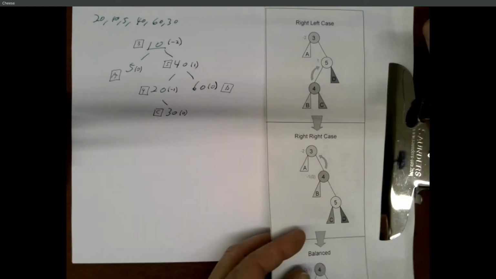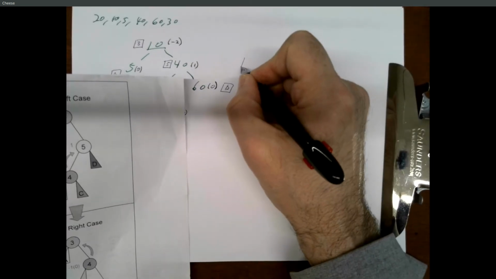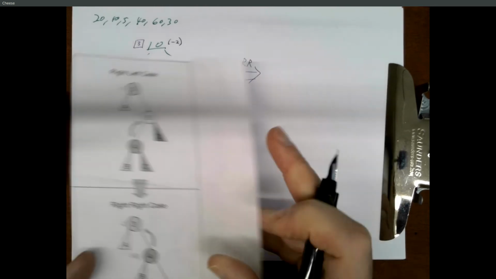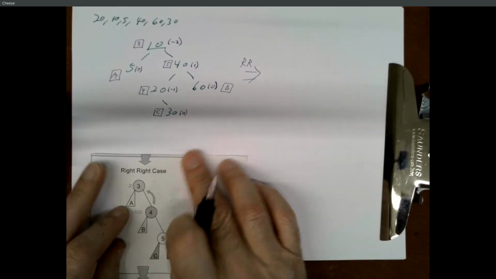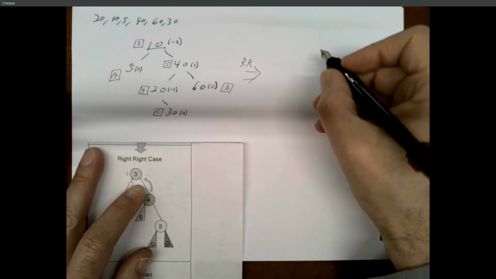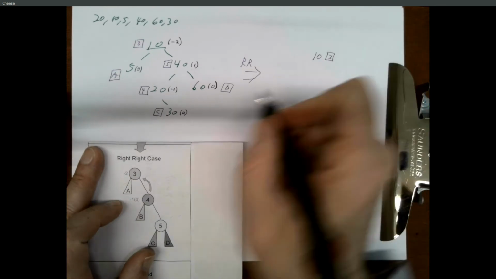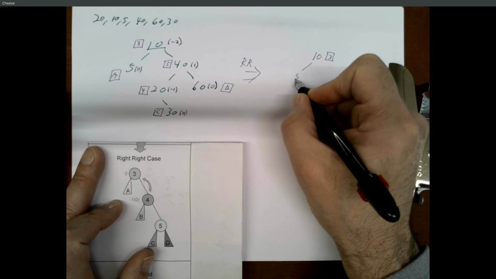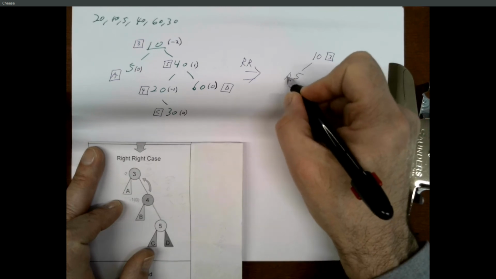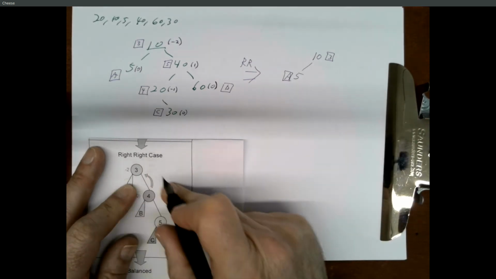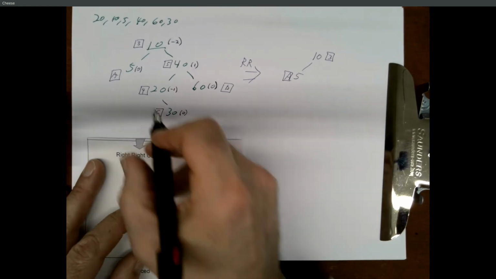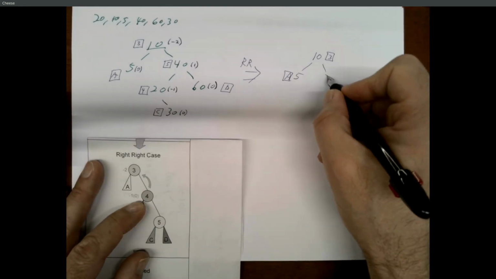So to change that into the right case, we want the new root to be 3, so that's going to be our 10. The left child is still going to be what it was, so that's subtree A. The right child of 3 is going to be node 4. Node 4 is our 20.